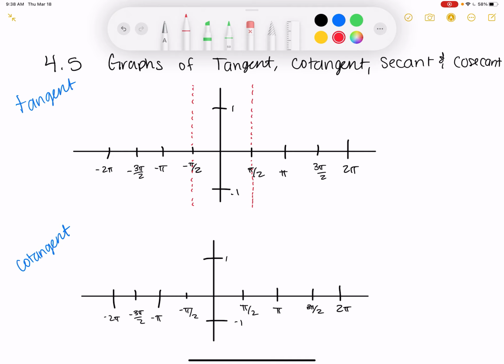I'm going to go out and just do it out to the 3 pi over 2s in the positive and negative direction. It doesn't have to be perfect. But the gist of it basically starts here, comes up, and keeps going.